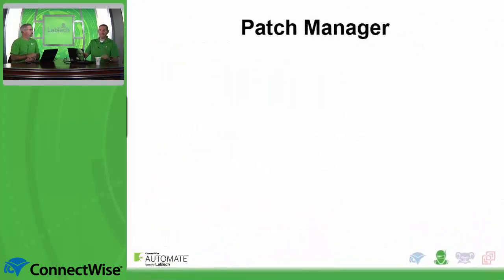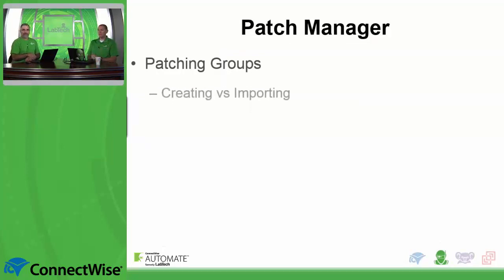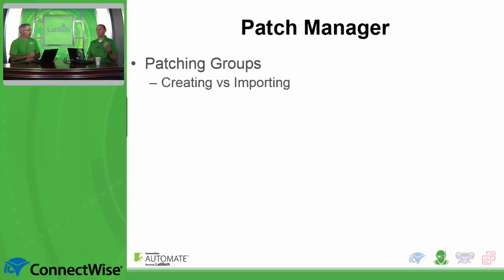As for today, we're going to talk a little bit about patching groups and go over a little bit of the recommended practice for setting up your groups in a logical order, and then talk about the difference between creating new groups and importing and walk you through that process. One thing we've harped on from the get-go was once I'm in the patch manager, I can stay in the patch manager and I can create groups, I can tie them to auto joins, and just want to reinforce that information.